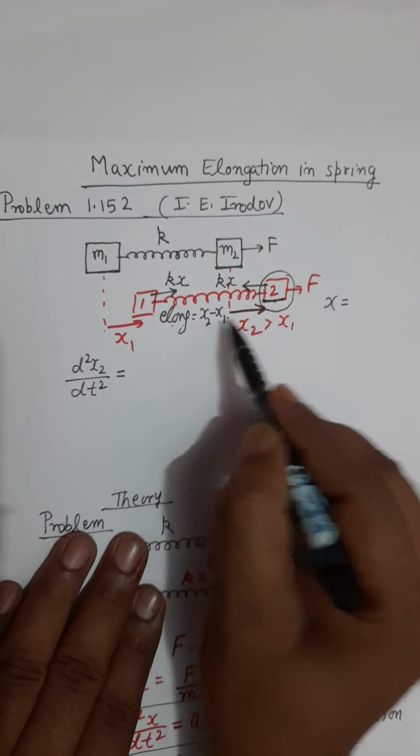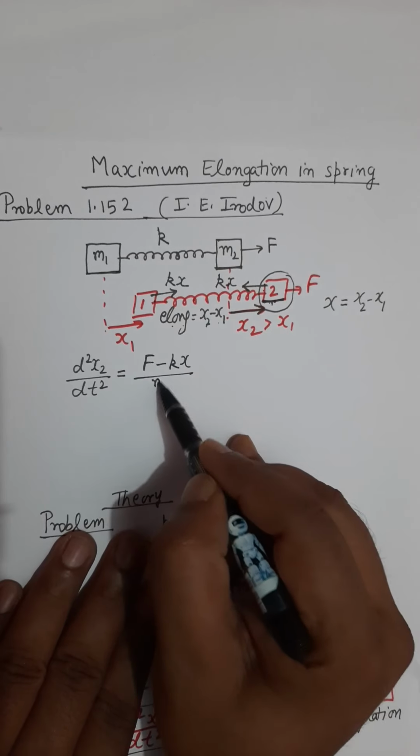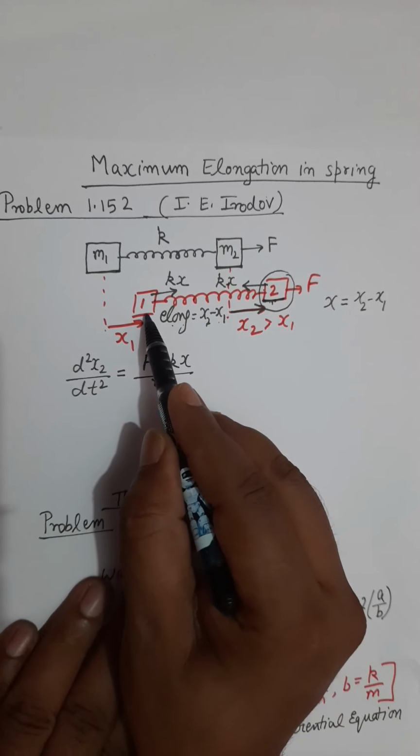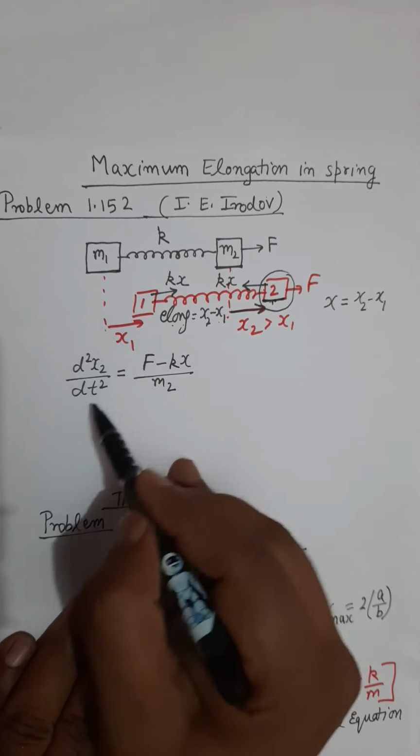So now d2x over dt2 for block number 2, which defines acceleration, will be f minus kx divided by m2. And the acceleration of block 1, which according to kinematics is d2x1 over dt2, and according to Newton's law, is the force on block 1, which is kx, divided by m1.